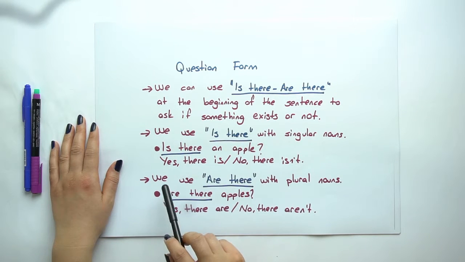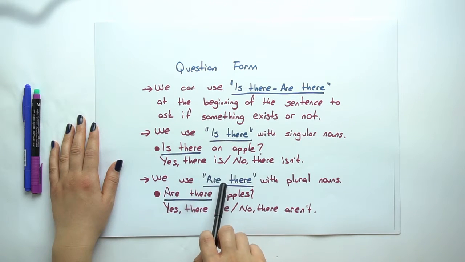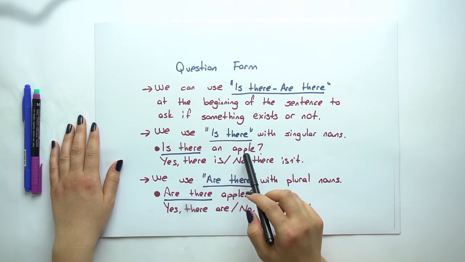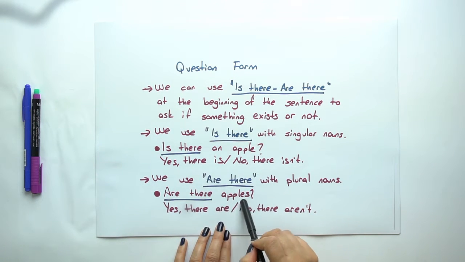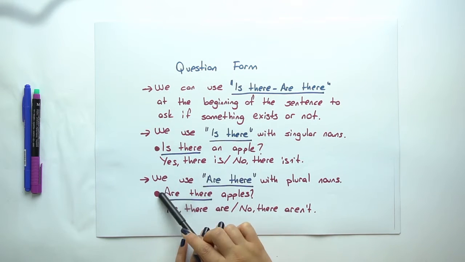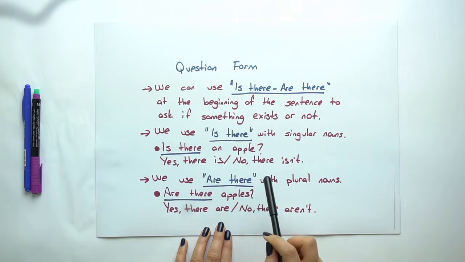And next one, we use are there with plural nouns. Are there apples? You can see that apples is the plural form of apple, so that's why we use are there with this noun.